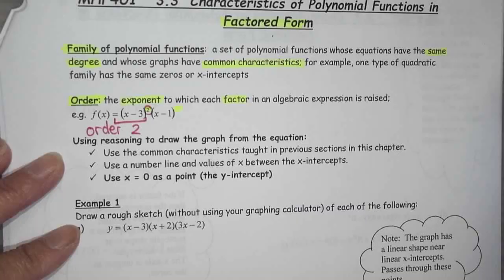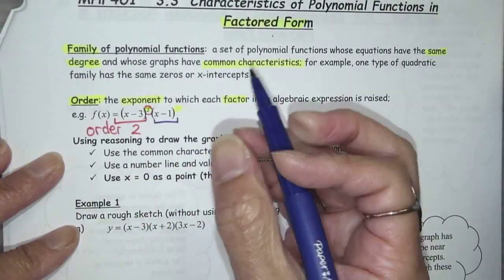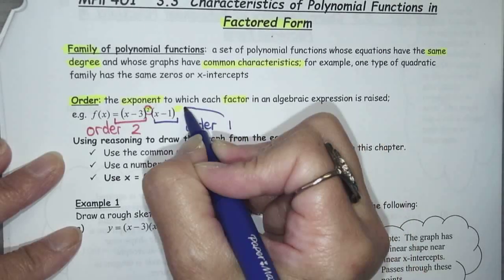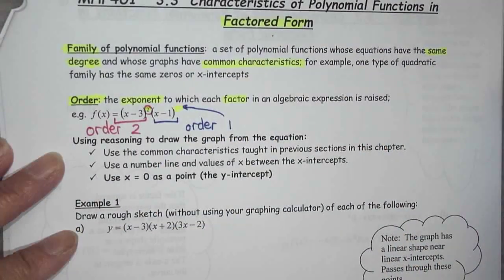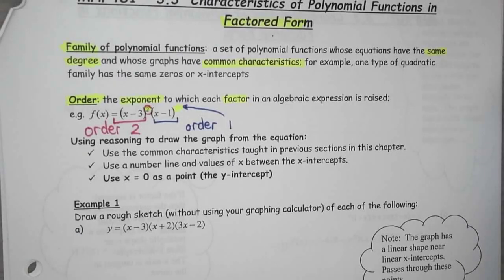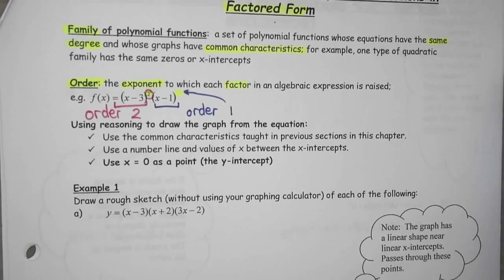This factor has an order of 1 because of the invisible 1. So the order is just the exponent. They don't say exponent, they say order, so I'll be using that language. They'll say this factor has an order of 3, which means just the exponent. It's just a fancy way of saying exponent.